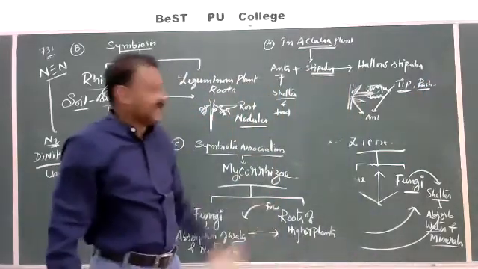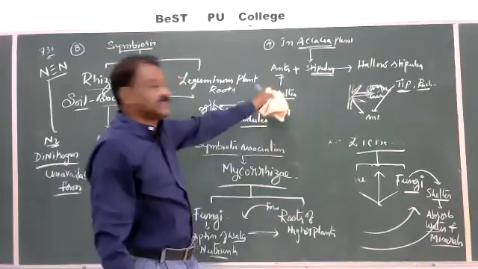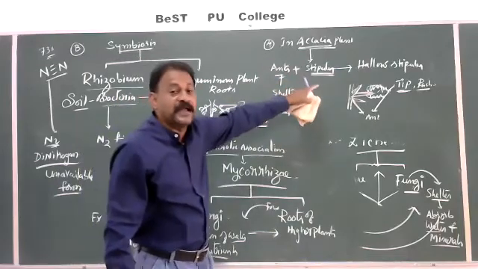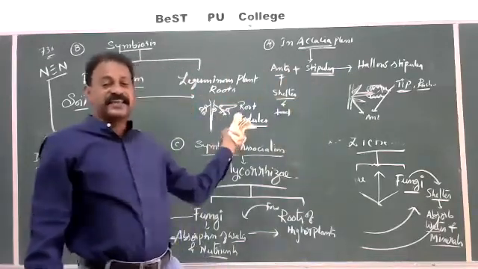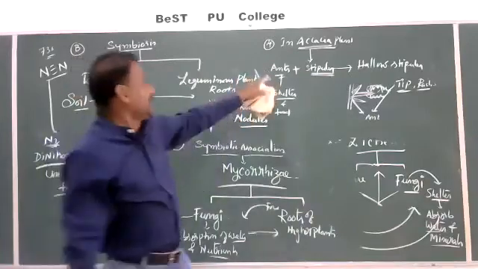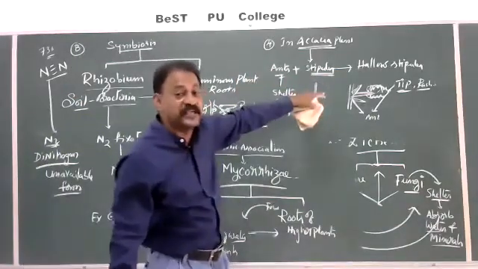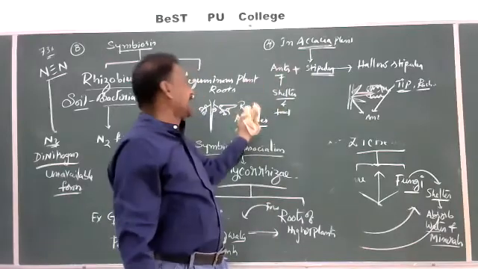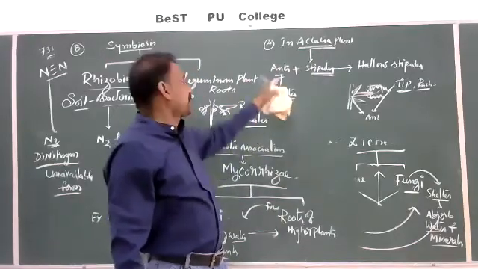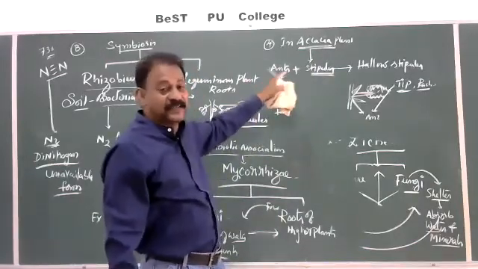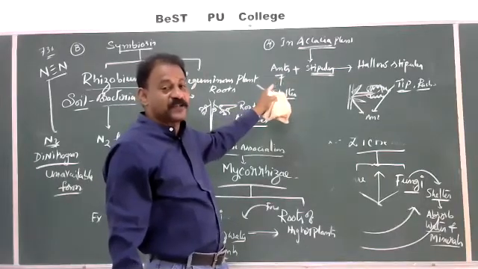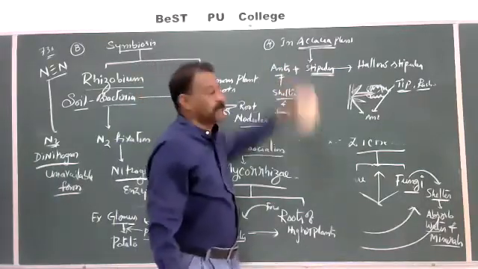And again, how is the plant benefited? These ants will protect the plant from other organisms, other animals which are going to eat it. Ants give protection from other insect pests or other types of pathogens or animals which will infect the plant.